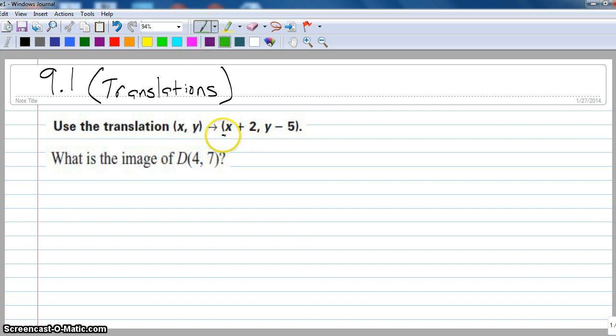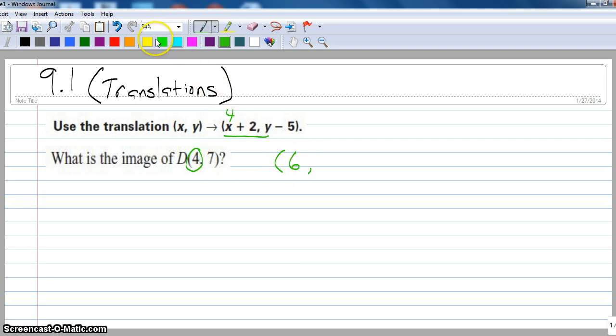Here's my x. This is x plus 2, so I'm going to get the 4 and put plus 2 because my x is 4. 4 plus 2 is 6. So it turns to 6.